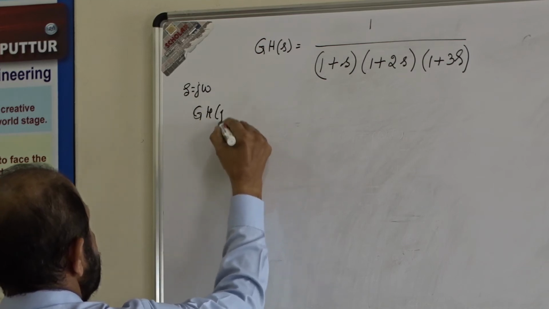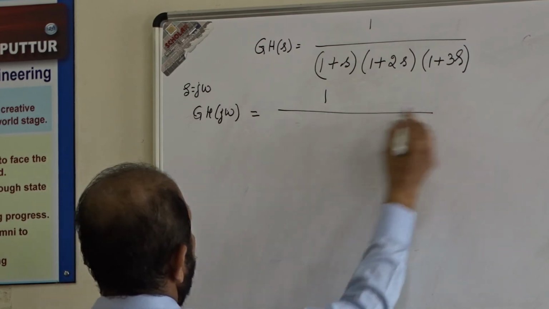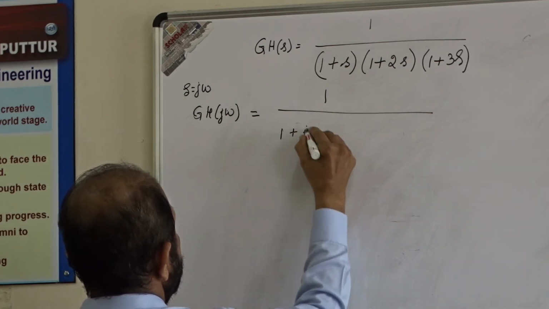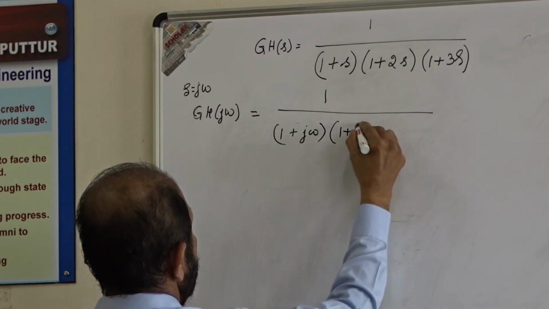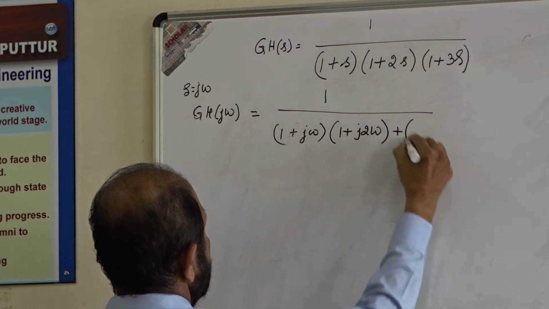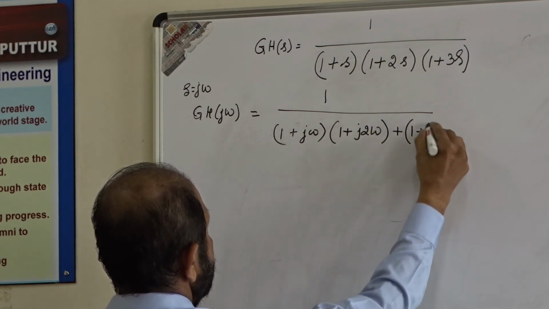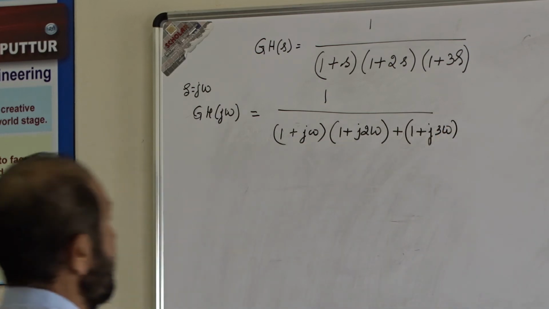So you get GH of j omega equal to 1 divided by (1 plus j omega) into (1 plus j 2 omega) into (1 plus j 3 omega). It's 3 omega, right?